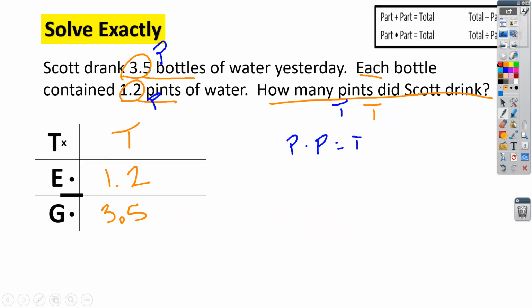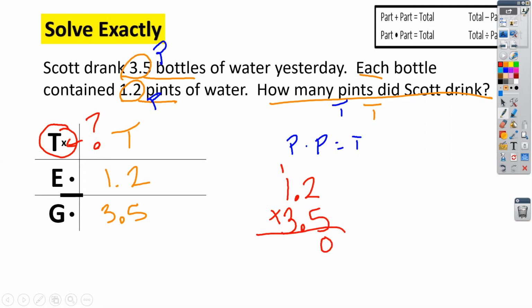Or if I use TEG, well, I'm looking for my total, so I multiply. So 5 times 2 is 10, 5 times 1 is 5, plus the 1 is 6. I'm done with the 5, so I drop a 0. 3 times 2 is 6, 3 times 1 is 3, and if I add it up, I have 0, that gives me 12, 4.